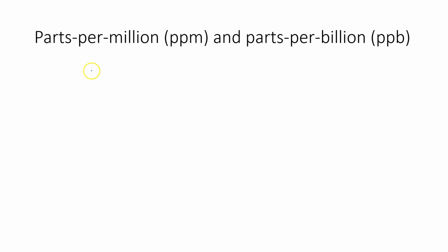So when we're talking about aqueous solutions, it's helpful to think of a ppm, a part per million, as 1 milligram of solute for every liter of solution.